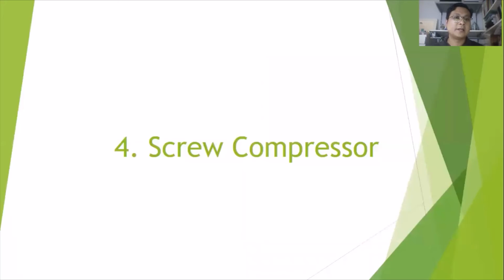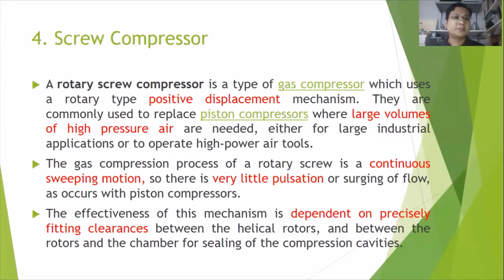Okay, now we go to the screw compressor. You can check here. A rotary screw compressor is a type of gas compressor which uses a rotary type positive displacement mechanism. They are commonly used to replace piston compressors where large volumes of high pressure air are needed. This is a good compressor to replace the reciprocating system, either for large industrial applications or to operate high power air tools.